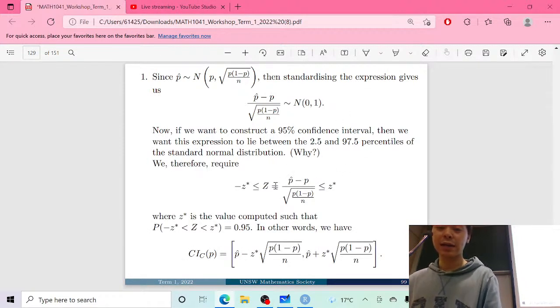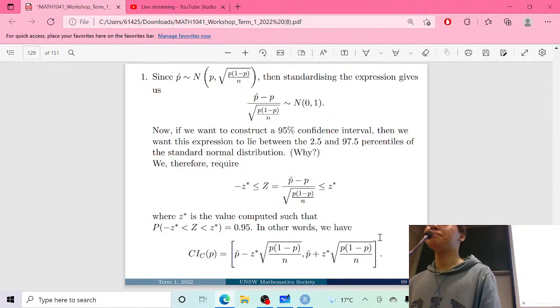But in that case, we can get this result here. We want to find the z star such that this proportion lies between minus z star and z star. And that's exactly how we found z star as well. And so because this probability is equal to 0.95, the confidence interval becomes what we have here.